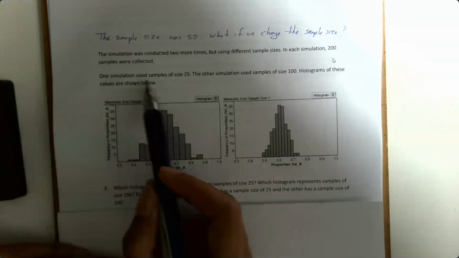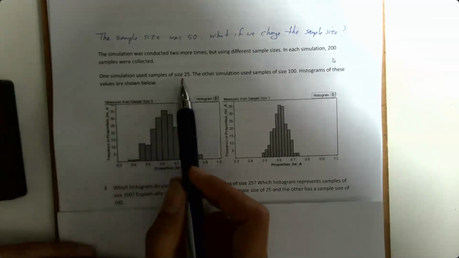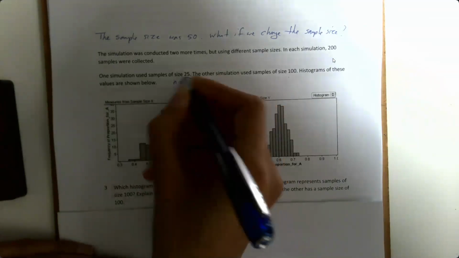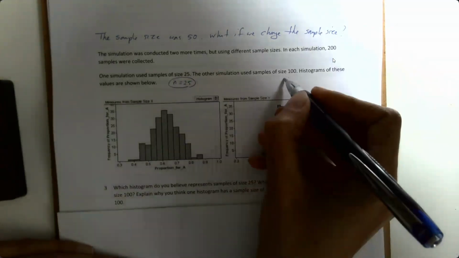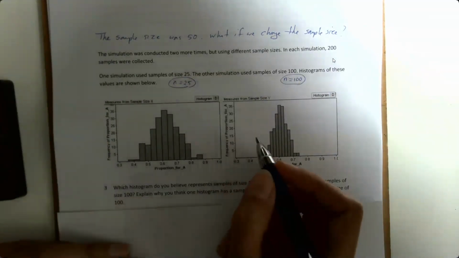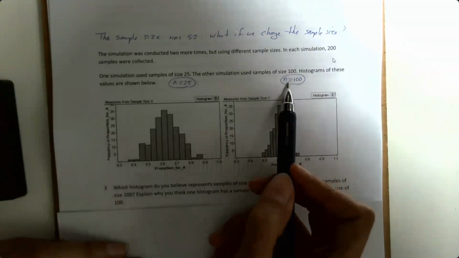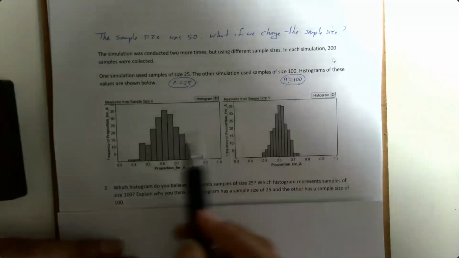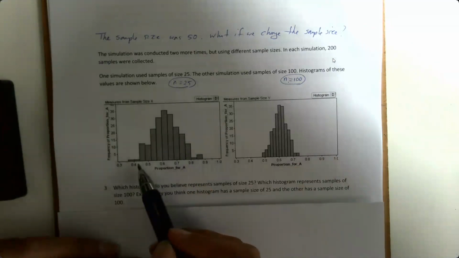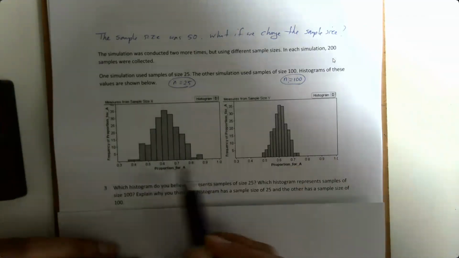So one simulation used samples of size 25. So N is now 25. And in the second one, sample sizes are 100. So we're increasing the sample sizes. When sample size is 25, as you can see, the graph is like this.